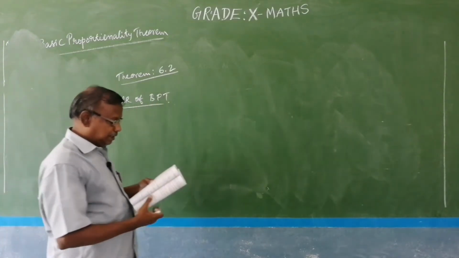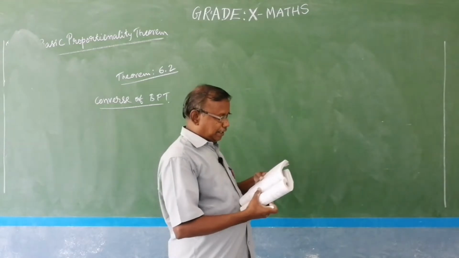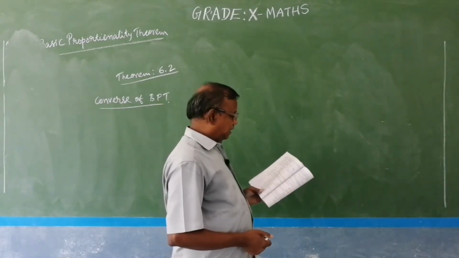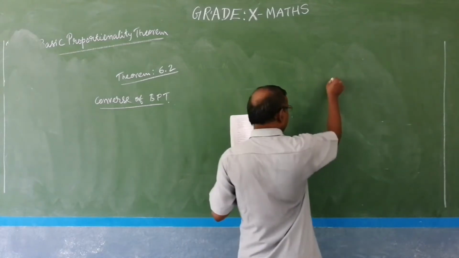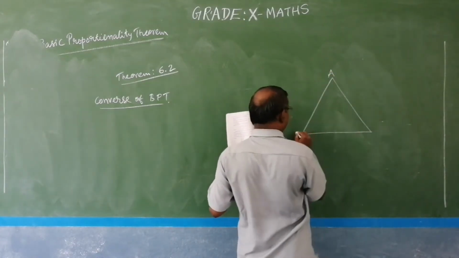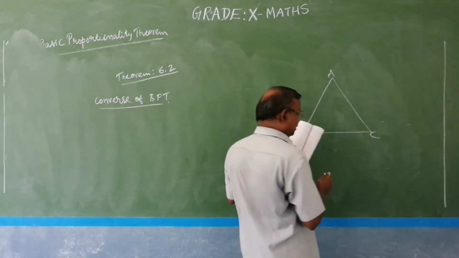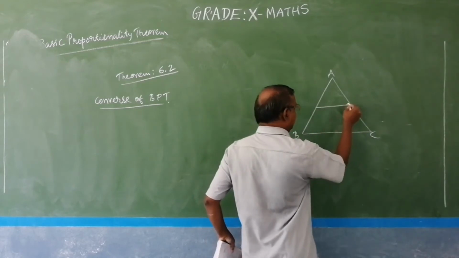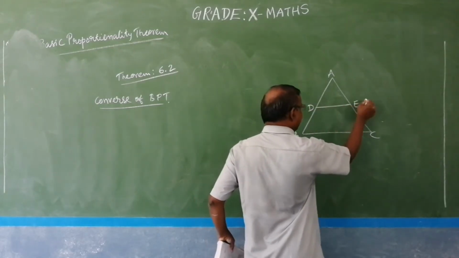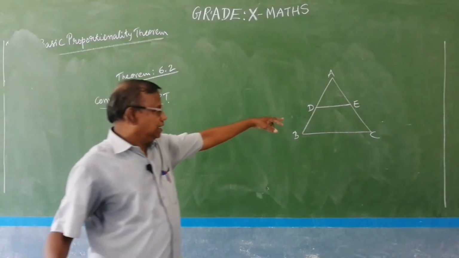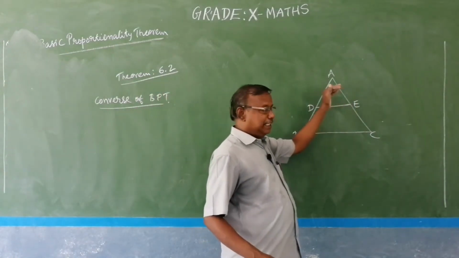Here let us read the statement. If a line divides any two sides of a triangle in the same ratio, that means let ABC be a triangle and let DE be a line which divides the other two sides AB and AC in the same ratio.